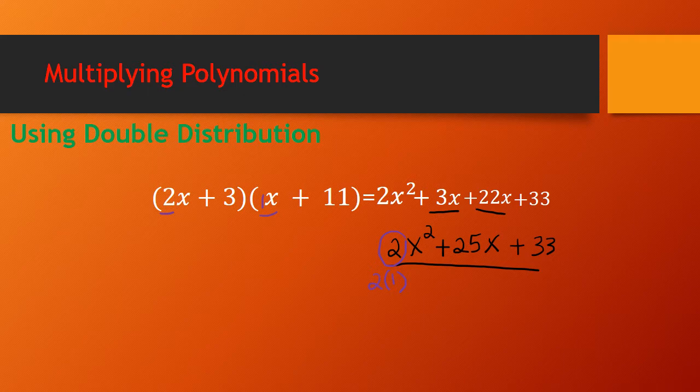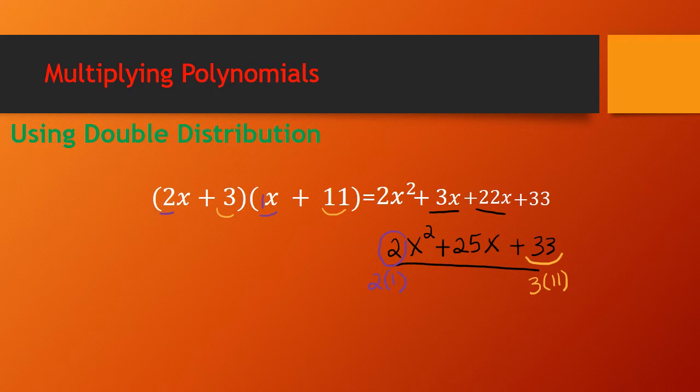And if you look at the last number in the trinomial, 33, it is the product of the last numbers in the binomials, 3 and 11. So the last number in the trinomial is the product of the last numbers in the binomials, 3 times 11, which is 33.